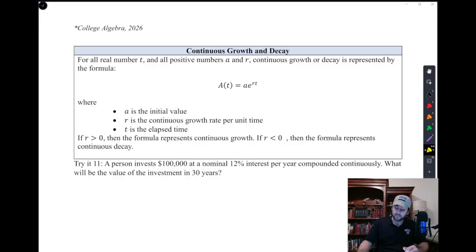And so instead of the formula where we had 1 plus inside of parentheses, he replaced that entire parentheses set with e.